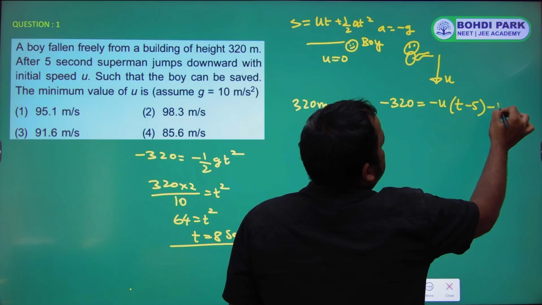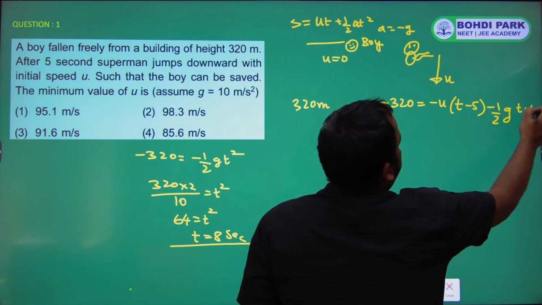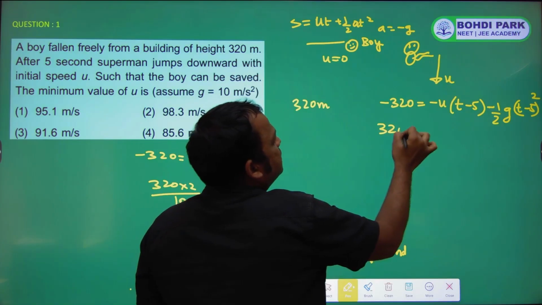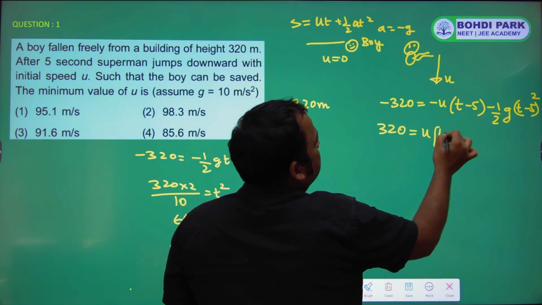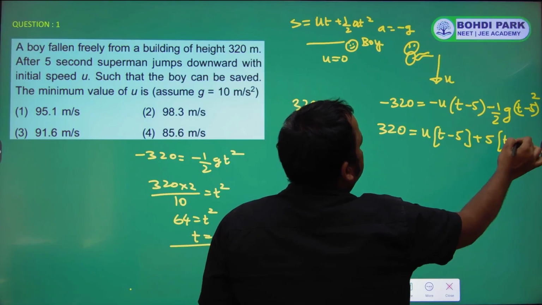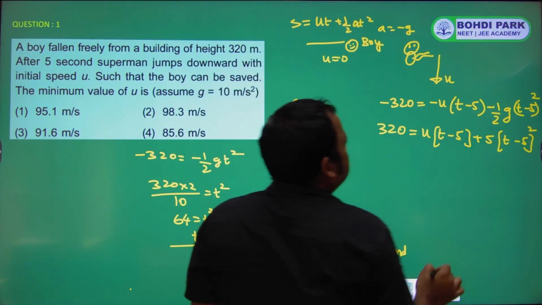Then minus half g into t minus 5 square. So minus minus cancel. So 320 is equal to u into t minus 5 plus g by 2 is 5, so 5 into t minus 5 square.